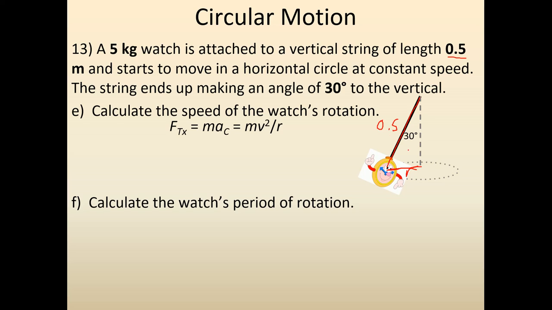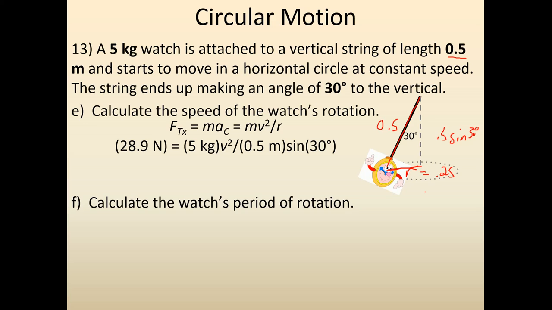Looking at this, I can now see that I can use trig again, SOHCAHTOA, to find that the radius is going to be equal to 0.5 times sine of 30, or it'll end up being 0.25. No, I left it as 0.5 sine 30 just to keep reminding us.